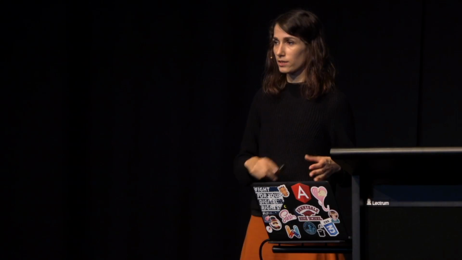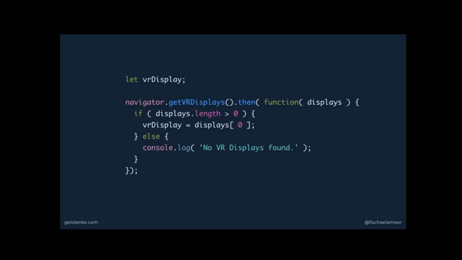So how do we render this scene not on the default screen on the canvas, but on the head-mounted display? This is where the WebVR API comes into play. First, we need to get access to the VR device. Therefore, we use the navigator interface extension, getVRDisplays.